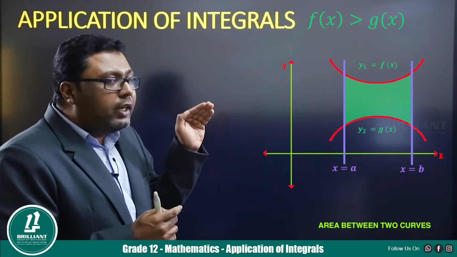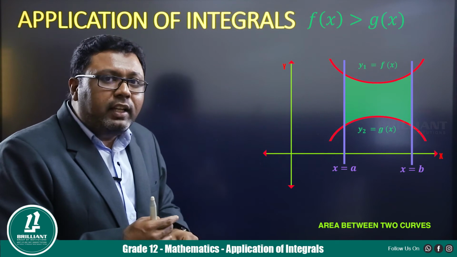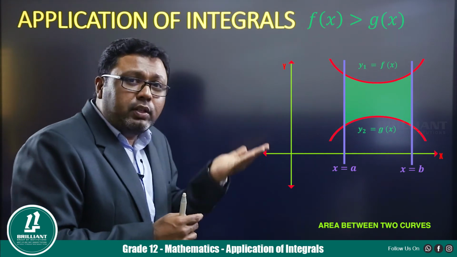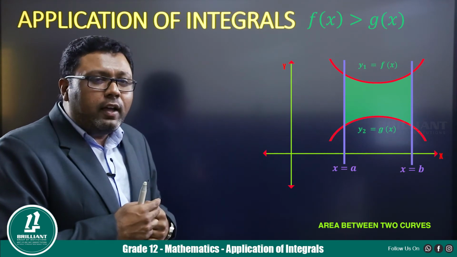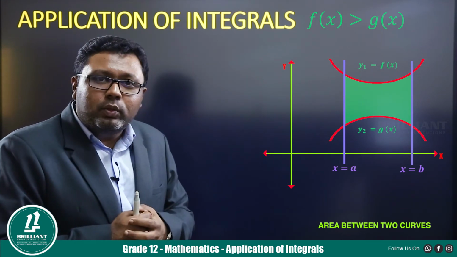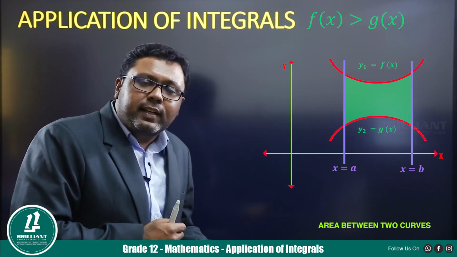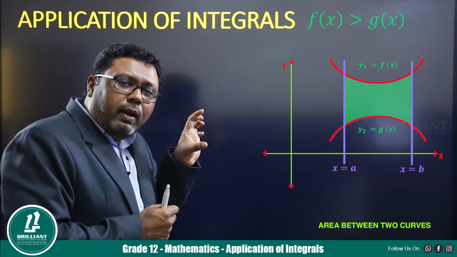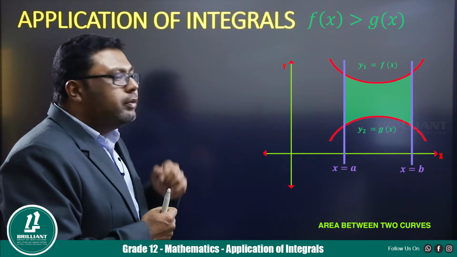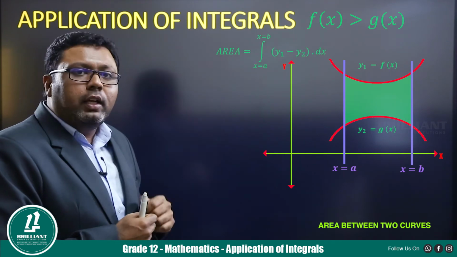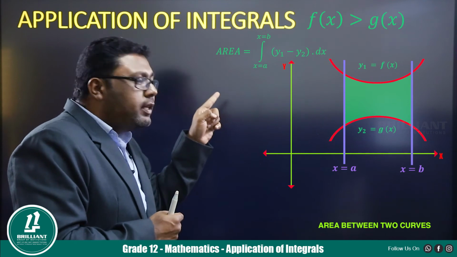So if I integrate a to b for y1, I will get the area from f of x to the x-axis. Now if I talk about the area with respect to y2, it is going to be from the curve g of x to the x-axis, right? So if I want the area between the two curves, it is going to be what? Area is equal to integral a to b of y1 minus y2.